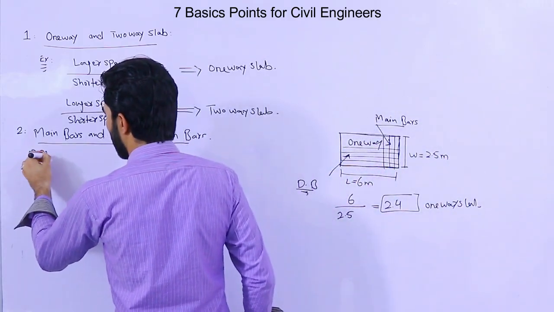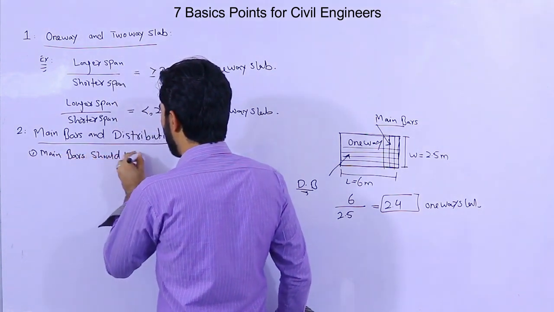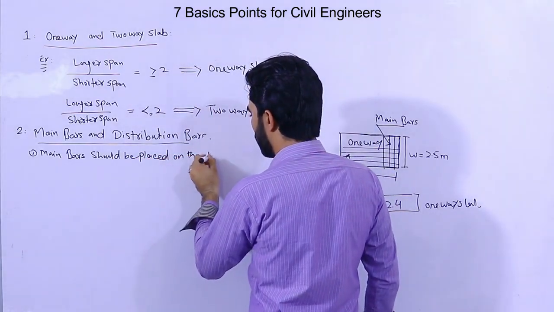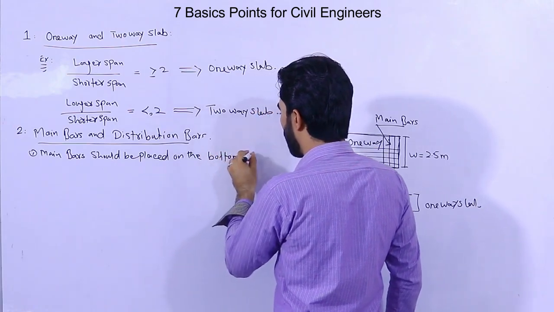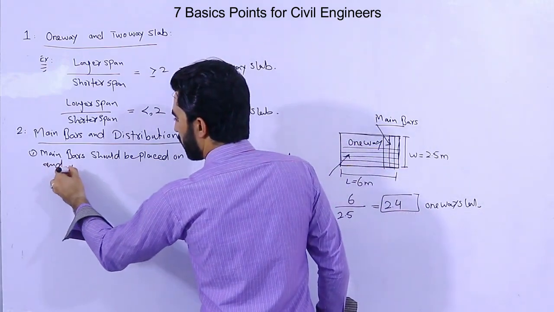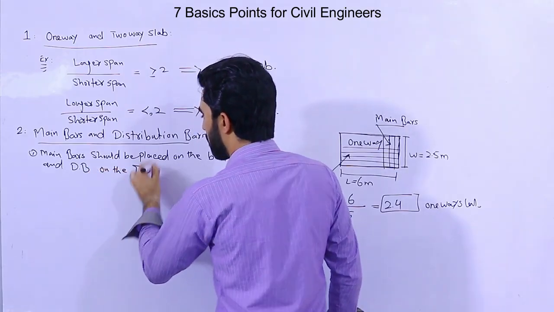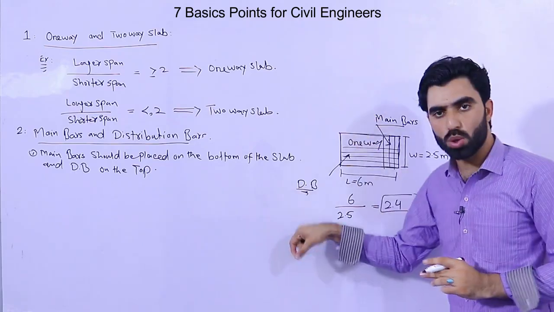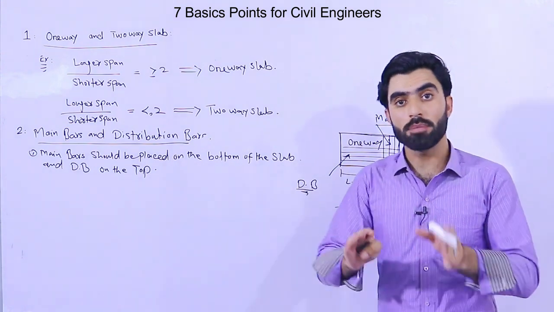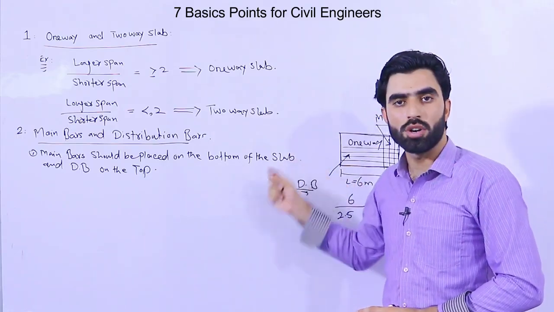The first point is main bars should be placed on the bottom of the slab, and distribution bars should be placed on the top. The distribution bars transfer the load to the main bars, and main bars transfer the load to the beam, and beam to the column, column to the footing or foundation.